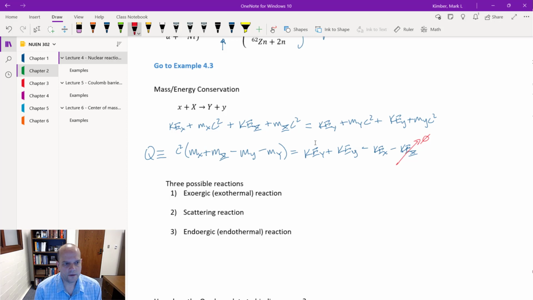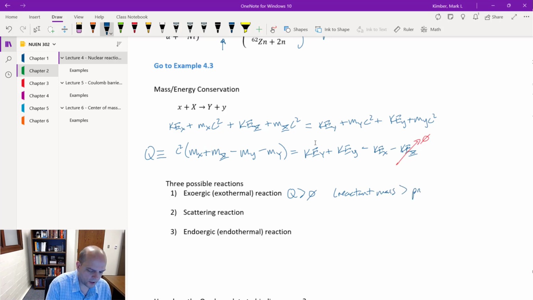Okay, so I have 3 different possible reactions that can occur. I can have an exothermal reaction, and that is when my Q is greater than 0. If I get a positive value for my Q, then what that means is that the reactant mass is greater than the product mass.